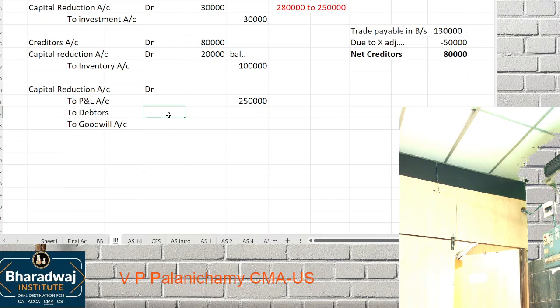What is the total debtors balance? 2% of that. How much will it be? Goodwill you have to write off. What is the goodwill you have to write off?